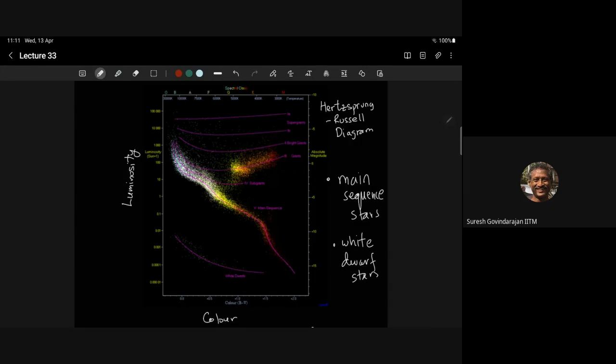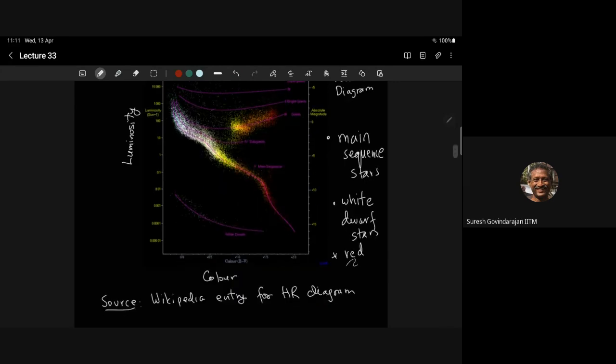And then there are many more things, but there's the other stuff. These are called red giants. There's a further classification, but for us, these three are enough. So first, let's discuss the main sequence stars.